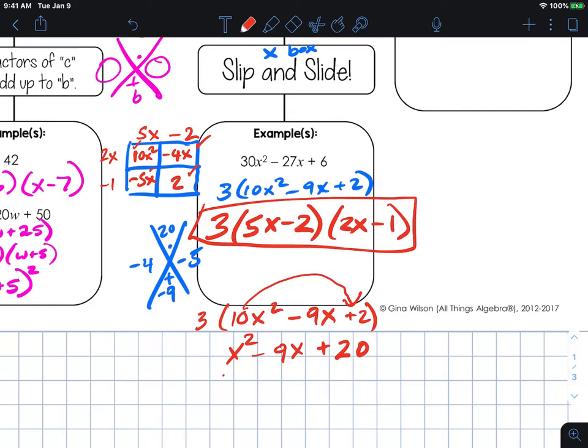We would have gotten to the same 2 factors above there using the same diamond factoring method. We would have gotten our x minus 4 and our x minus 5. But then we have to what? We have to slide the 10 back in. So I have to put the 10 over here, put the 10 over there.